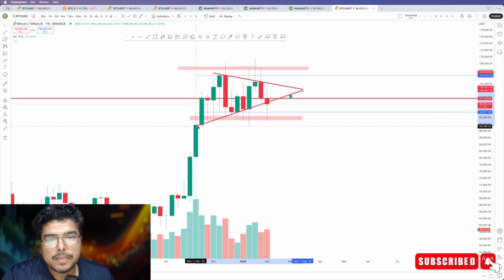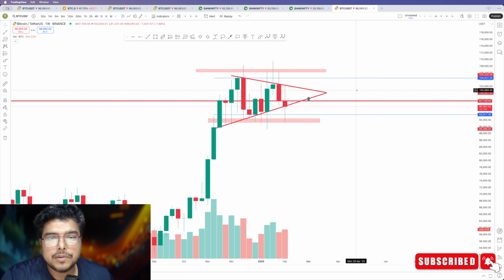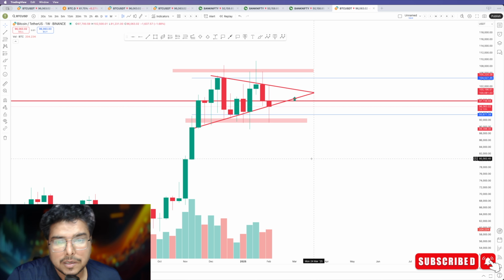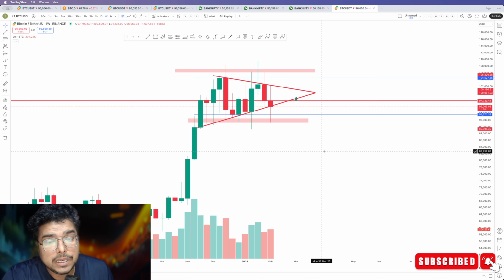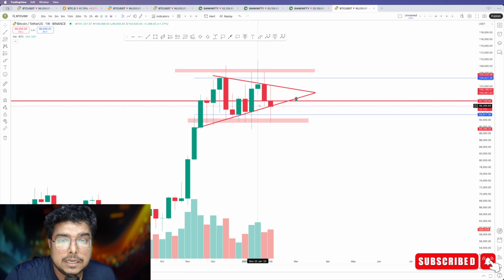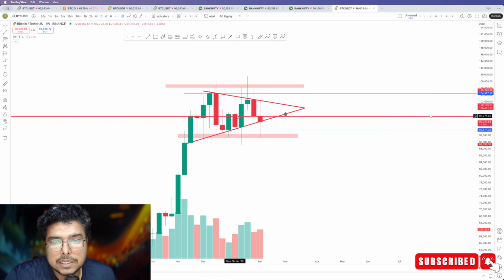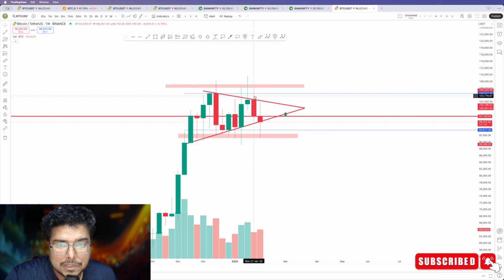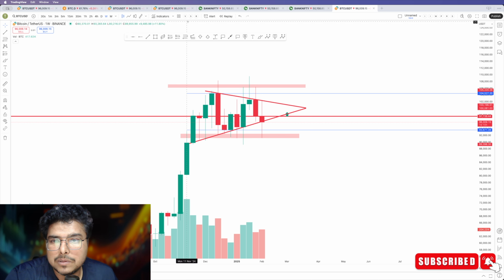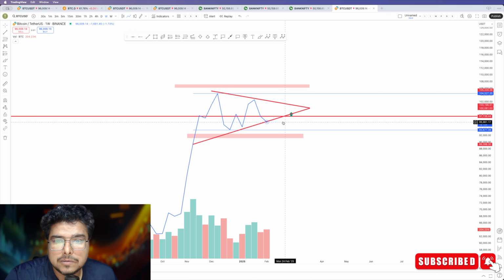Okay, so this is kind of the structure. So let's see where we will get the breakout. Weekly breakout we are talking about, and it has to be a strong candle in that case. Okay, it is creating higher highs and lower lows. I'm not talking about the wicks here, I'm purely focusing on the closing. So like this.